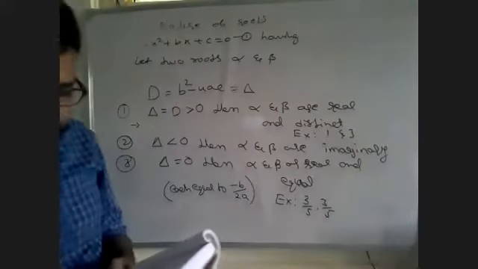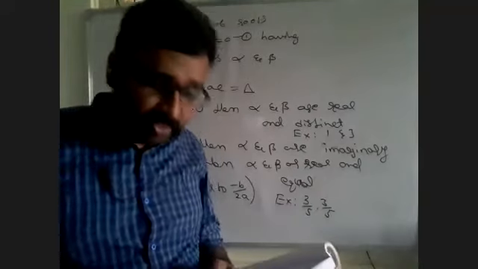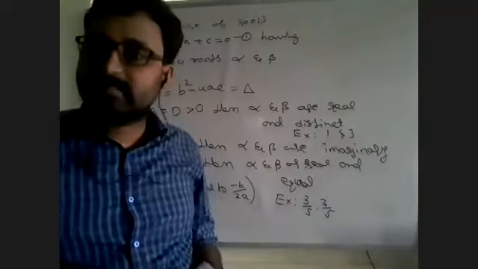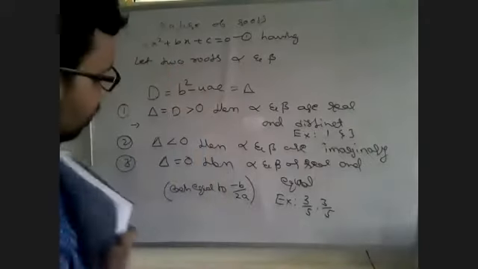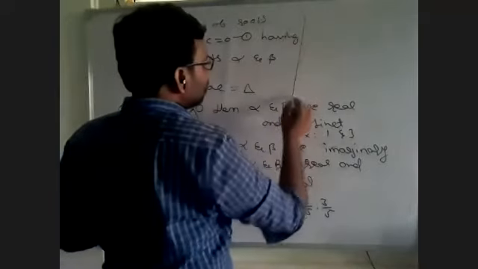Rational and unequal if A, B, C are rational; irrational and unequal if B is irrational. These two also you have to write, but there is no place here, so I will write here.